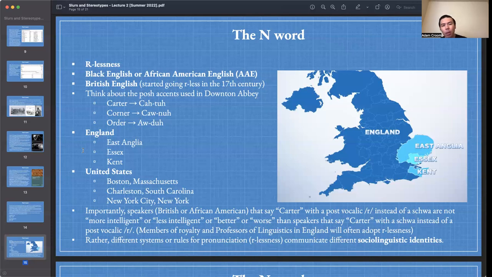So importantly, speakers that say Carter are not more intelligent or less intelligent or better or worse than speakers that say Kata. Rather, different systems or rules for pronunciation simply communicate different sociolinguistic identities.